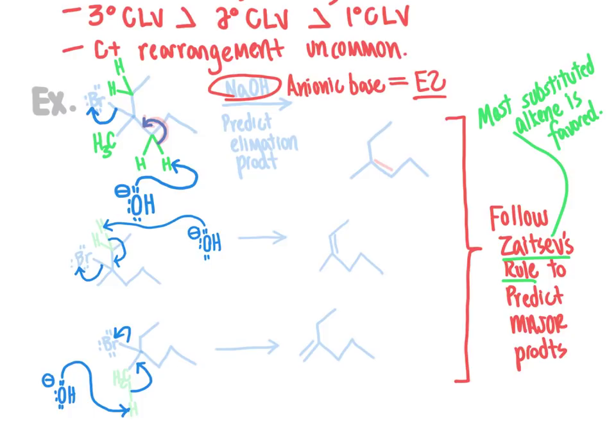So if we look at these three products and we think about how many alkyl substituents are bonded to the alkene group, we would look at this lowest situation here and say that there's only two alkyl substituents, because we look at how many alkyl groups are directly bonded to the alkene carbons, and we'd see an alkyl group here and an alkyl group here. Over on the left side, it's just CH2, so no alkyl groups there. So just two alkyl substituents.